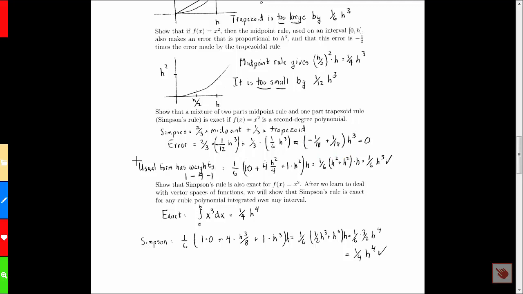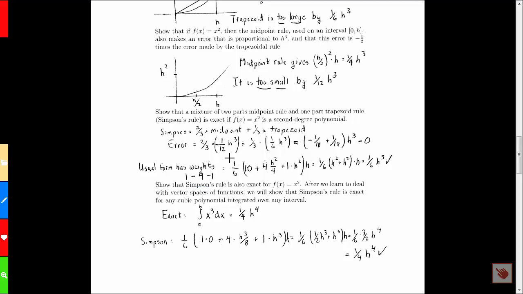The usual way of stating Simpson's Rule says in a single interval you use weights 1, 4, 1. The 4 comes from 2/3 midpoint. The 1 and 1 come from 1/3 trapezoid, which is split between the left endpoint and the right endpoint.